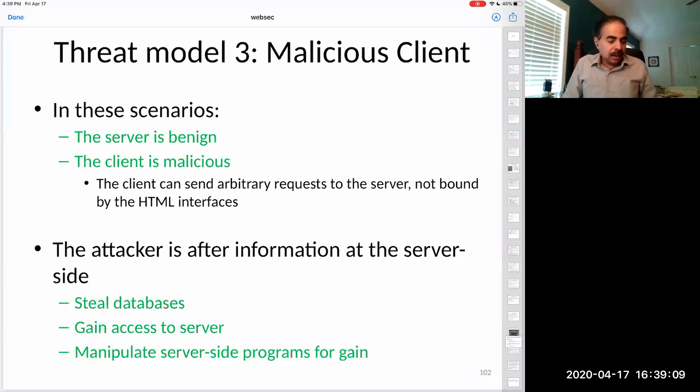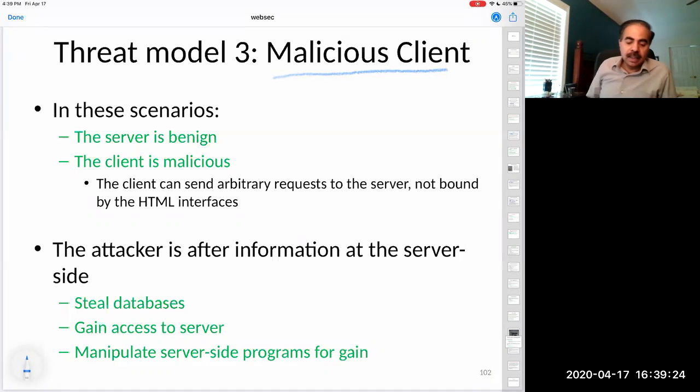So the third threat model we are going to look at is a situation where the client itself is malicious. When we were discussing the unit on software vulnerabilities, by and large, we were considering this threat model where there was a remote client that was trying to access some server, and they were trying to exploit vulnerabilities in that server.